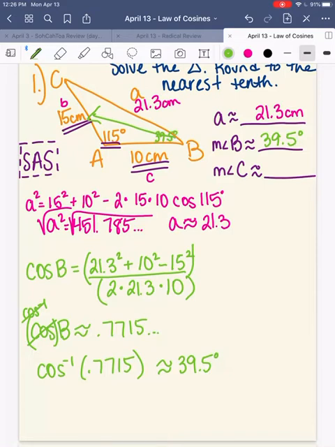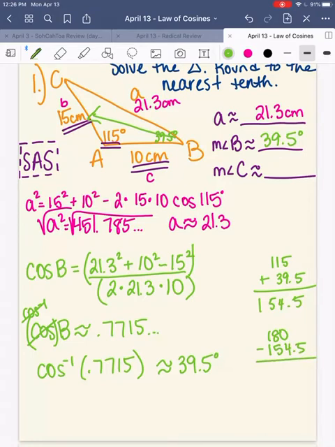All right, and now we can find angle C. So we know we have 115 degrees. So 115 plus 39.5, we can just add those up. Okay, so we have that many degrees, and then we're going to subtract from 180. You can just do that in the calculator, I'm just showing you what you're doing.